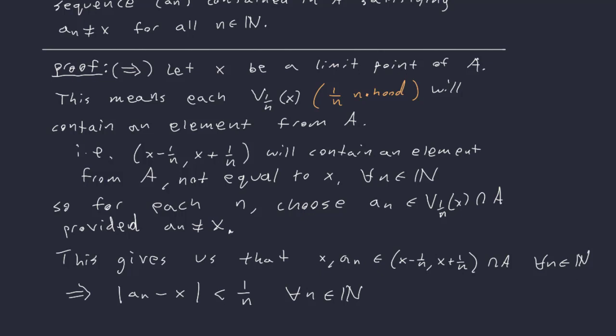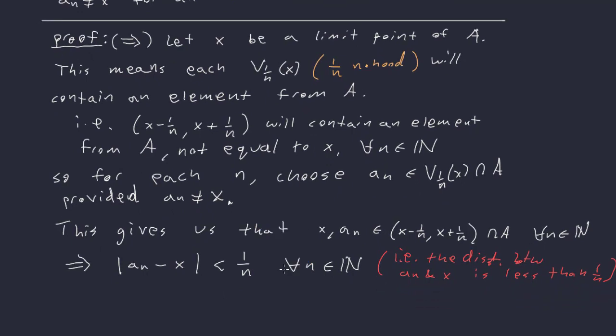All right, so i.e. the distance between a_n and x is less than 1 over n for all n. And this is it. This gives us that a_n converges to x.